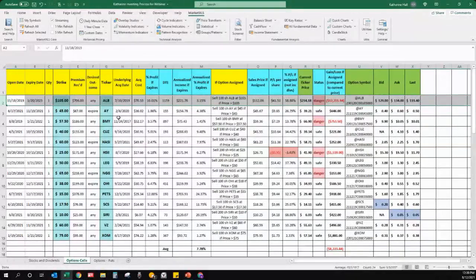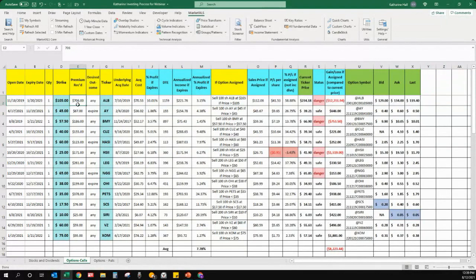In reality, I received a premium, and then when you roll it, you buy back the old one and sell a new one. So maybe I received 100 and then had to buy it back for 200, but instantly sold another one for 300. And so I keep track of those individual transactions separately, but what I'm showing you here is kind of the summary of all the premiums received as I've been rolling this one along.